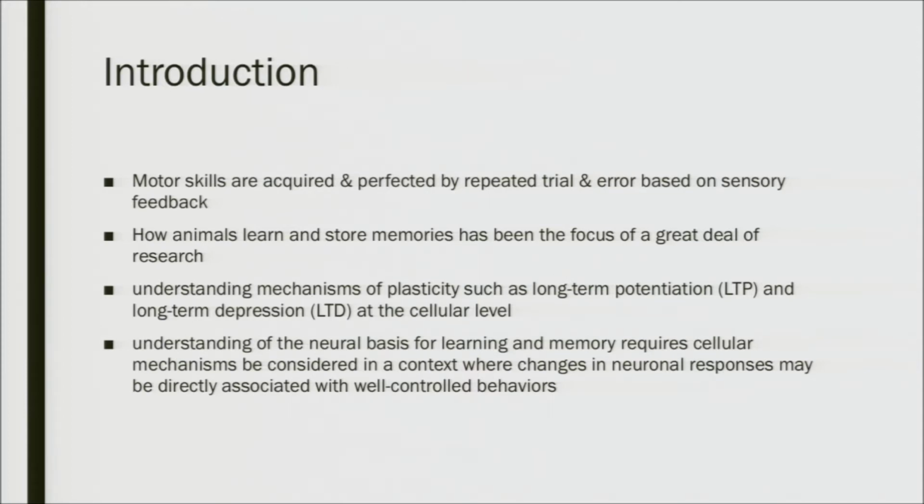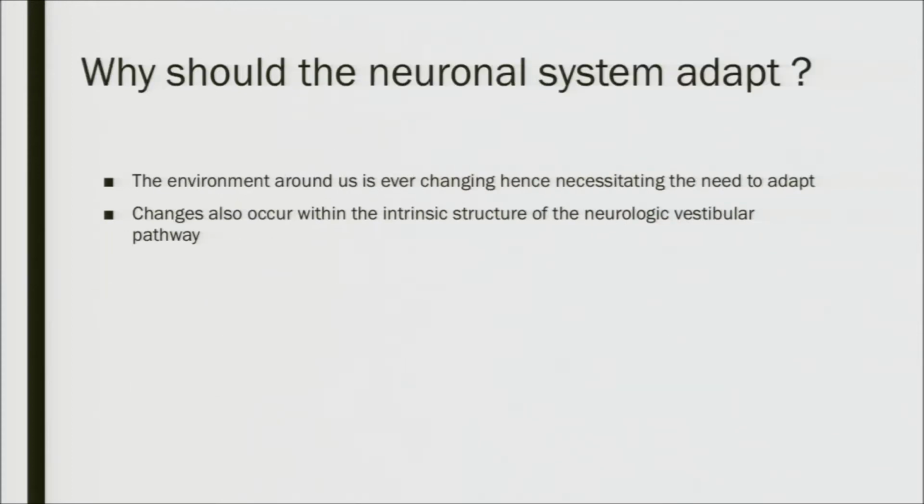Now to understand the mechanism, there are two terminologies that we'll be talking about, that is long-term depression and long-term potentiation. So to understand the neural basis of learning, there are cellular mechanisms happening. We'll discuss that in certain detail. So why should a neuronal system adapt? It's not only in relation to pathology, but even generally, as a child grows up, the cranium expands.